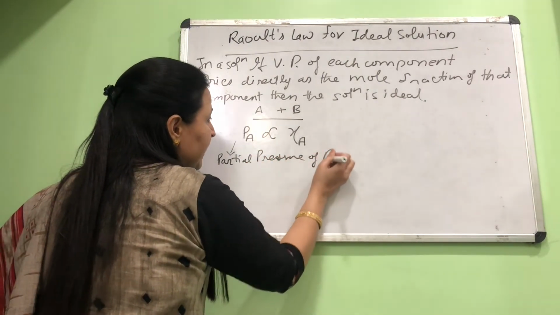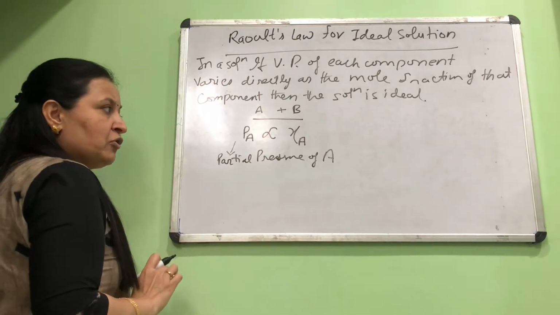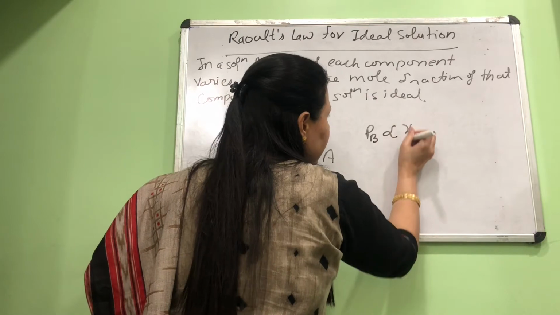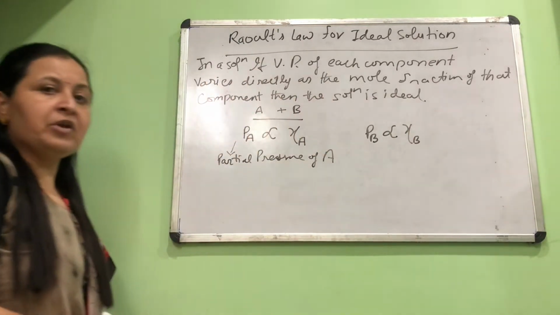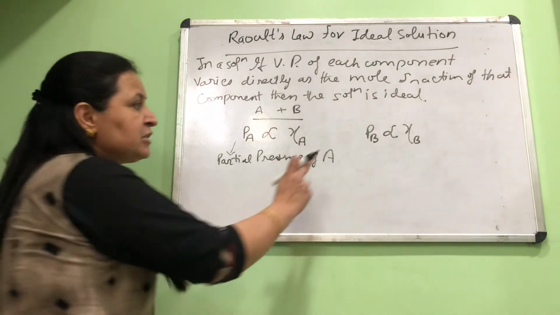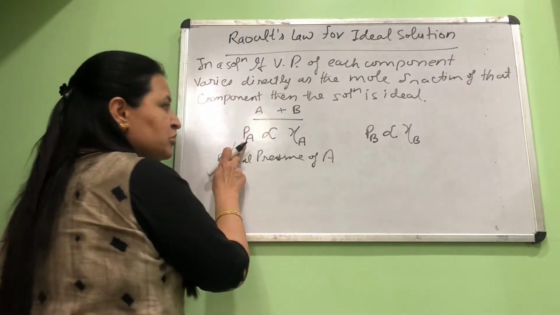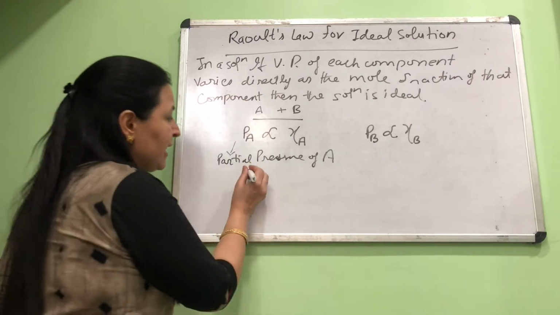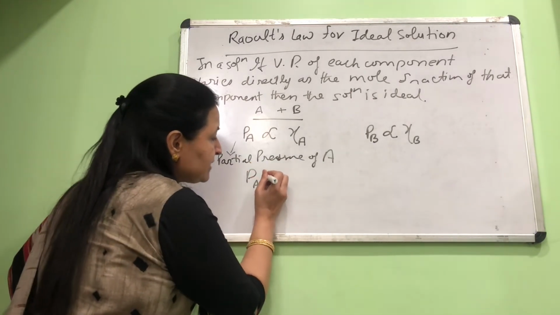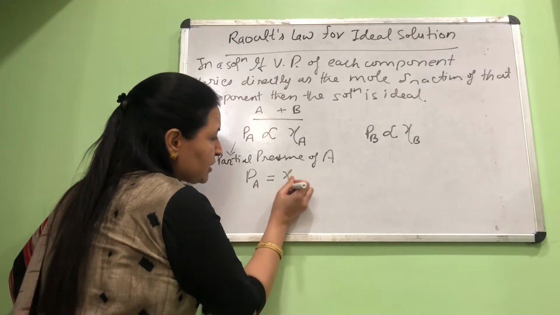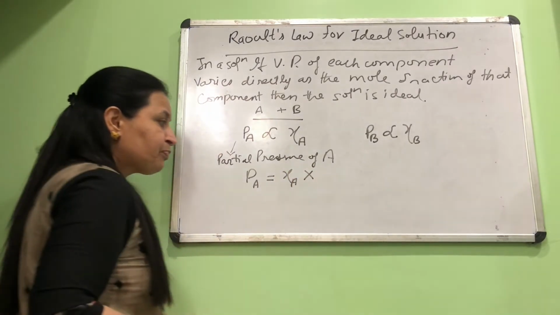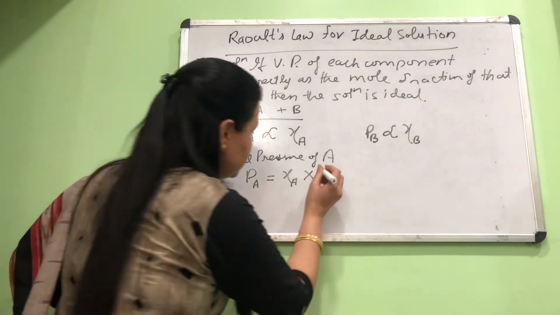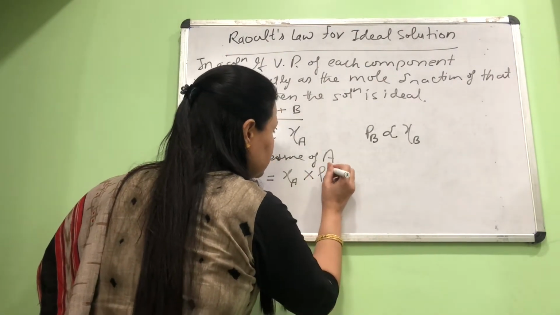Partial pressure of A is proportional to mole fraction of A, and according to the law, the partial pressure of component B will be directly proportional to the mole fraction of component B. This is the partial pressure of B and this is the partial pressure of A. If you want to convert this proportionality into equality, then the partial pressure of A is equal to the mole fraction of A times a constant of proportionality, and the constant used here is PA naught.